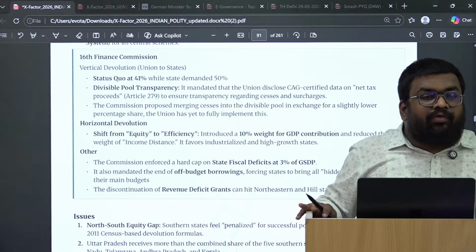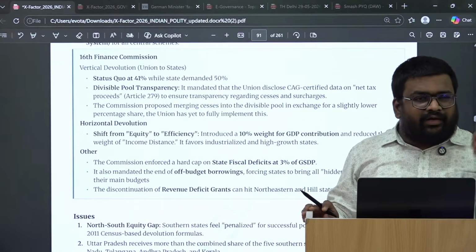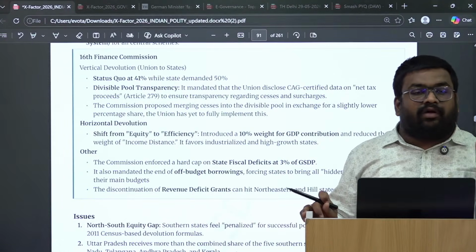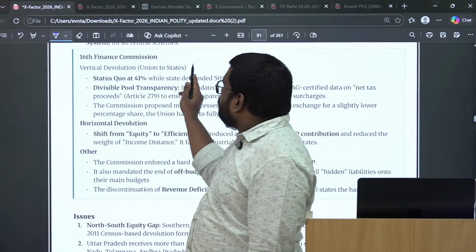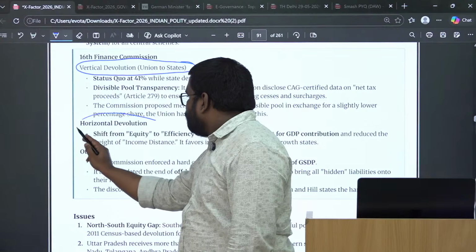So the point that I want to make is, while reading, you read the content, you read the points, you try to remember or mug up the data or examples, but the non-negotiable part, or the most significant part, is the classification.